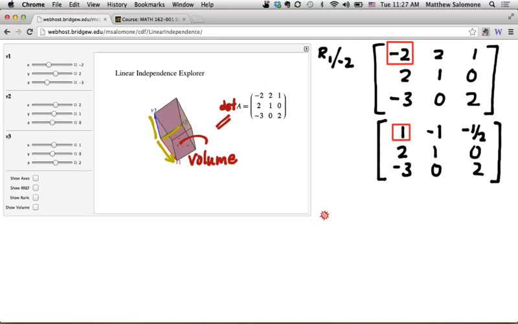Okay, having divided the first row by -2, now we have a 1 in that first pivot position, which means that we are ready to clear out the underbrush underneath that pivot, get rid of that 2 and get rid of that -3. And what are my steps toward accomplishing that? Right.